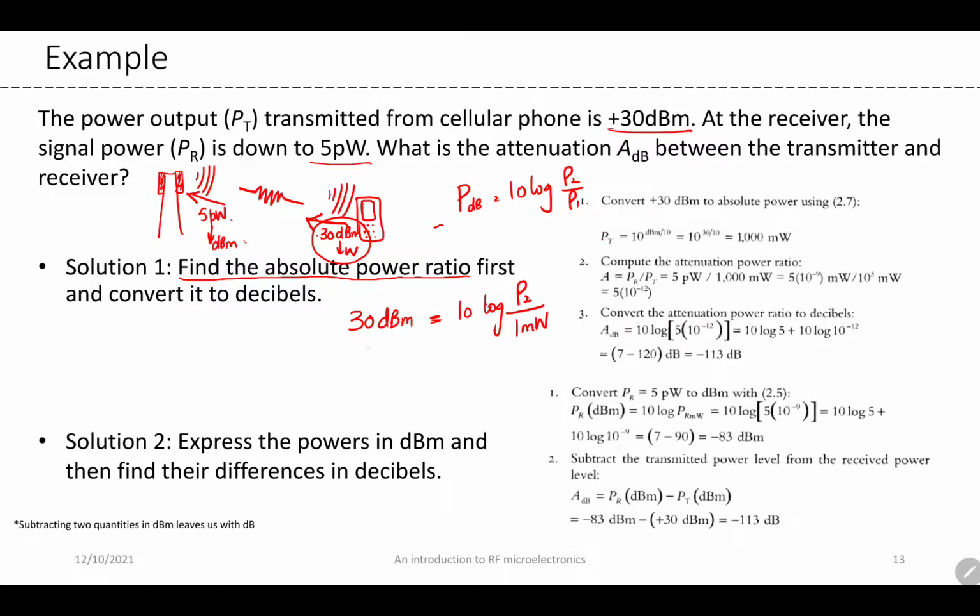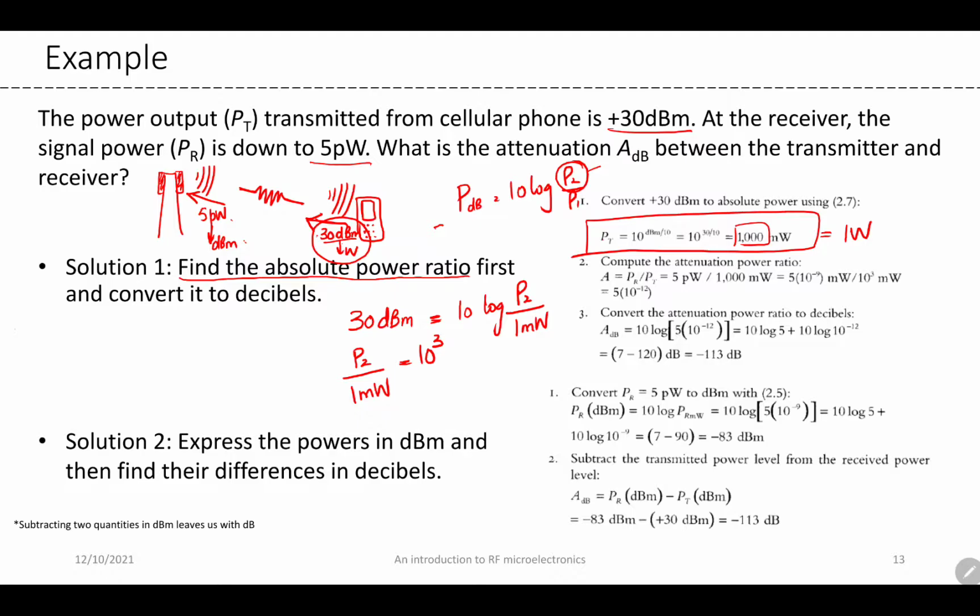Then you do this. Once you solve this, it will come out to be P2 by 1 milliwatt is 10 to the power 3, right? And then if you calculate that, P2 is 10 to the power 3 milliwatts, and P2 is just this number converted to power. So 30 dBm is 1000 milliwatts or 1 watt.